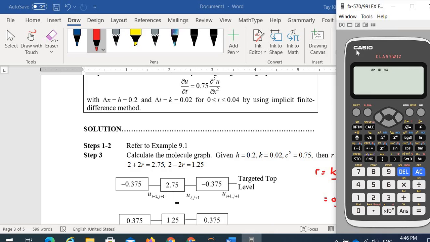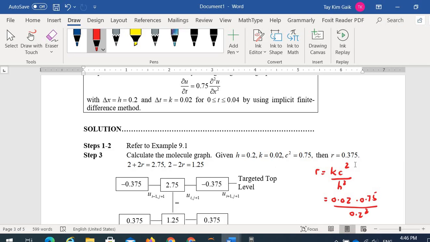So we have k is what? k is 0.02, c squared is 0.75, divided by h squared, h is 0.2 squared. So 0.375. So r, you get 0.375.